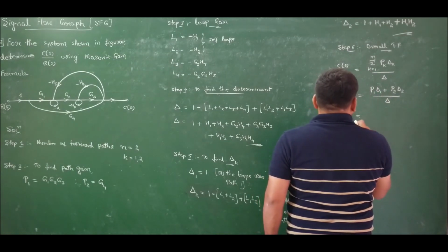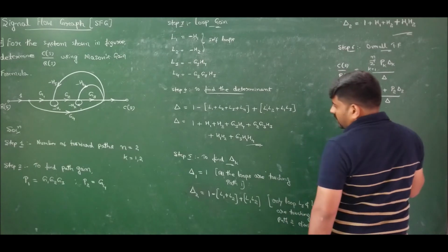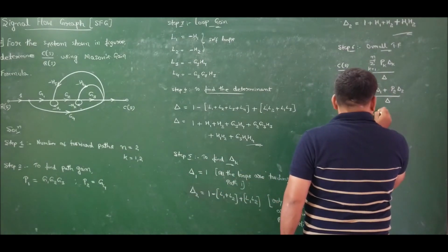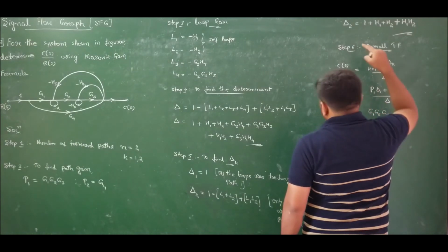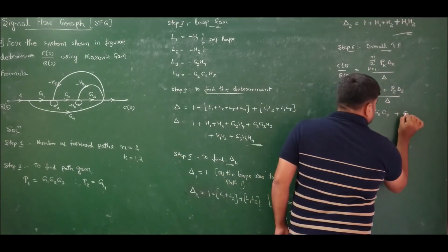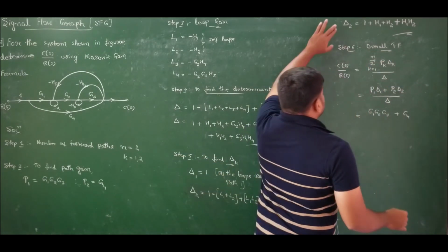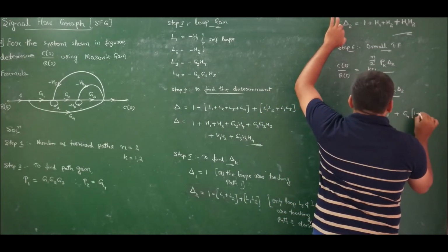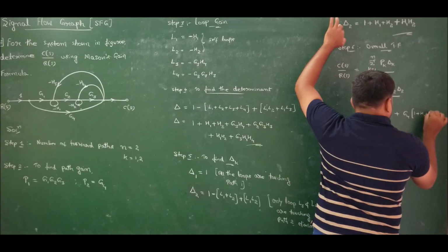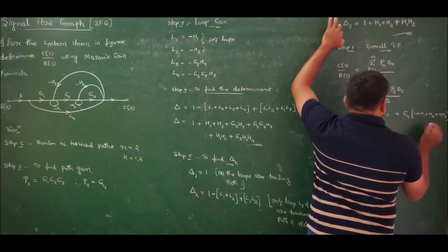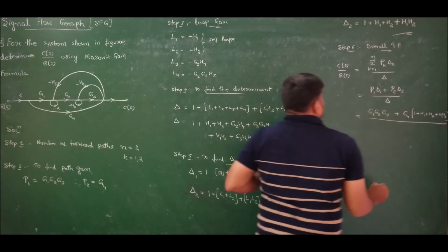Hence the value of transfer function is P1. P1 is G1 G2 G3. Delta 1 is unity. P2 is G4. Delta 2 is this one, so it should be multiplied with this one: 1 plus H1 plus H2 plus H1 H2, whole divided by delta.